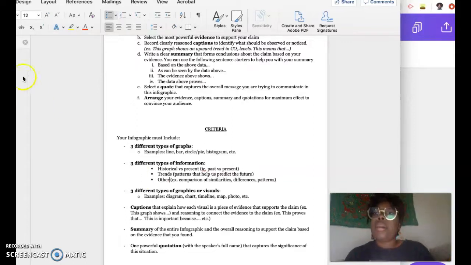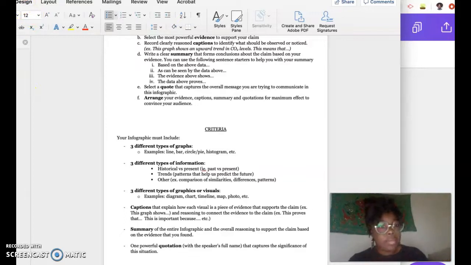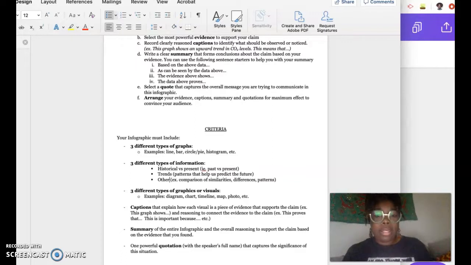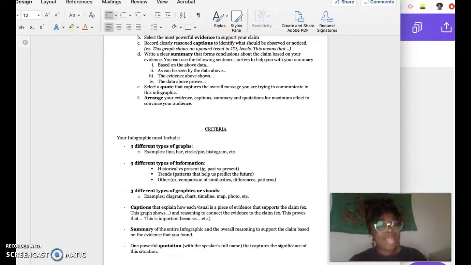So the sooner you put your draft up, the sooner you'll be able to get feedback. And also, we'll try and work it out so that you have peer feedback as well, not just feedback from me. In the same way that you're going to get feedback on your graphic organizers, we're going to also have you all work together to give each other feedback on your infographics.